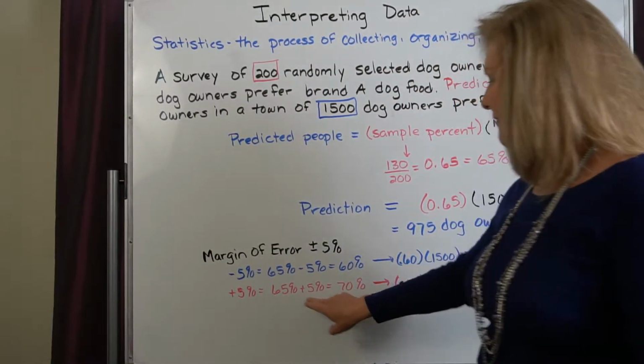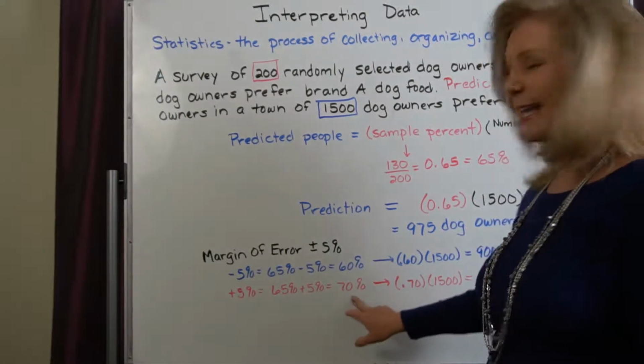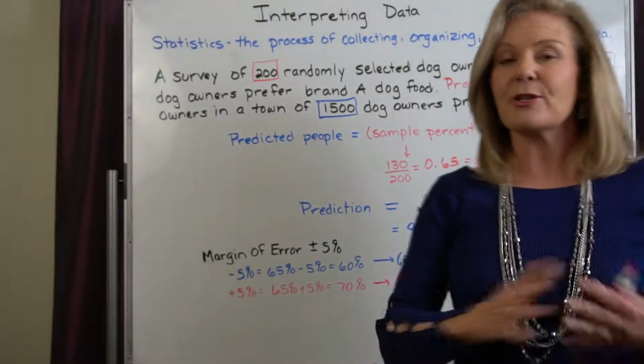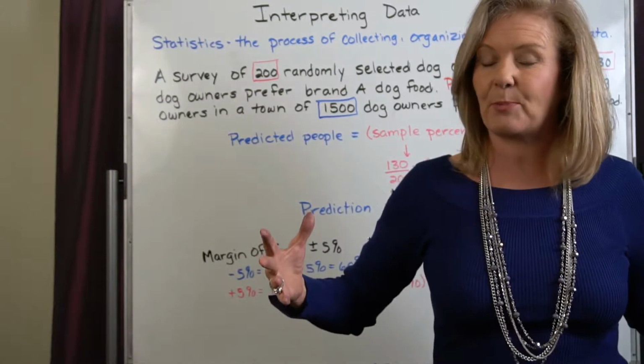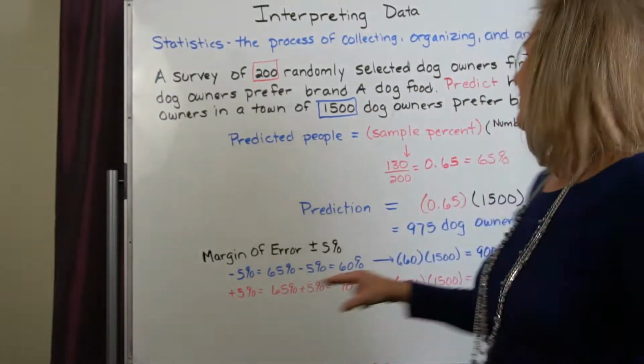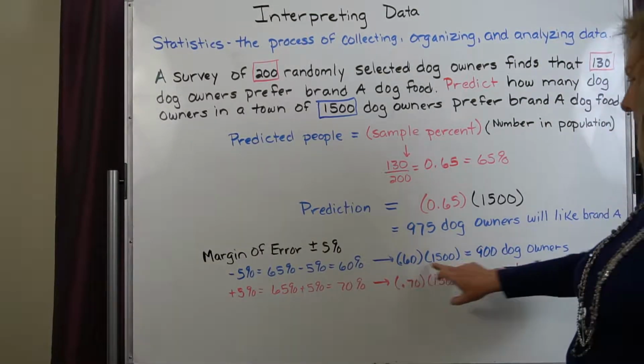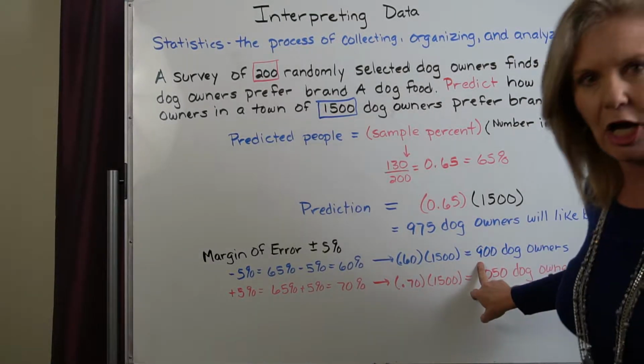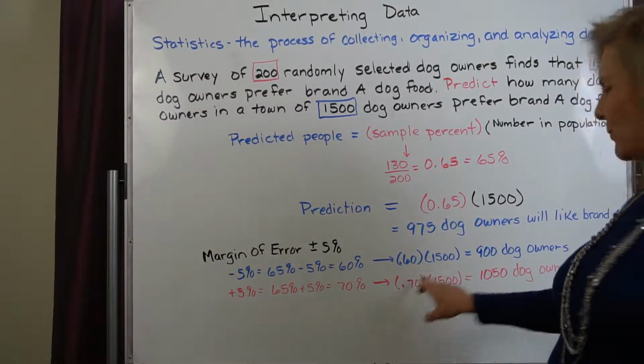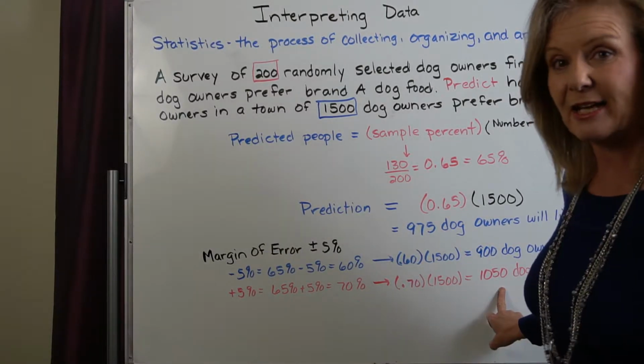So if I take 65 plus 5%, then I get 70%. So there's a range of people that we can predict are going to like brand A. So the range would be anywhere from 60%, which would be 900 dog owners, to 70%, which would be 1,050 dog owners.